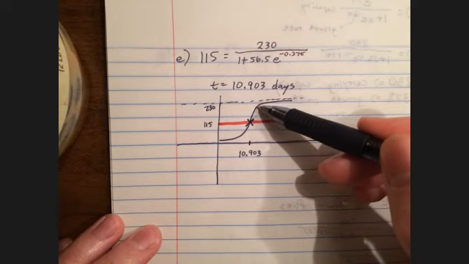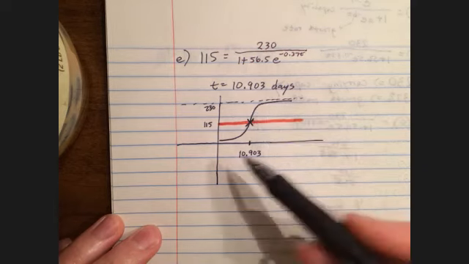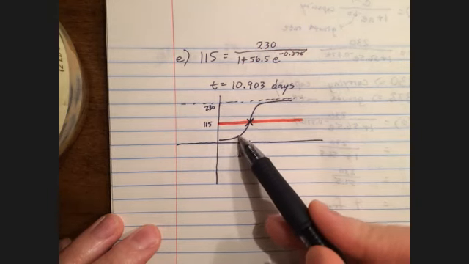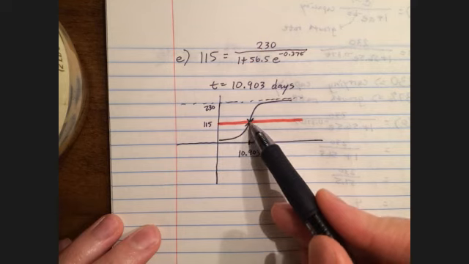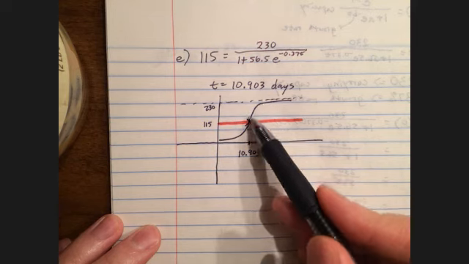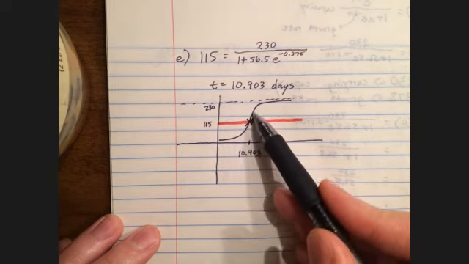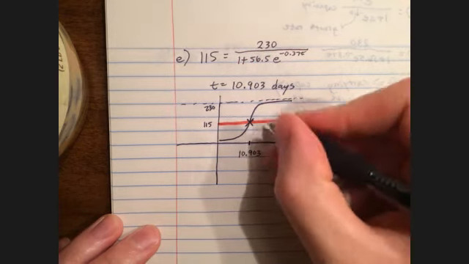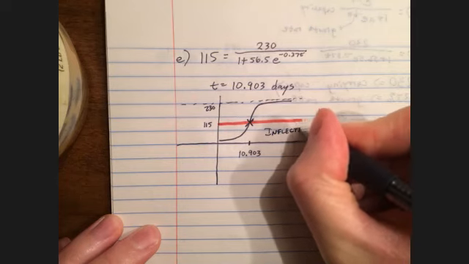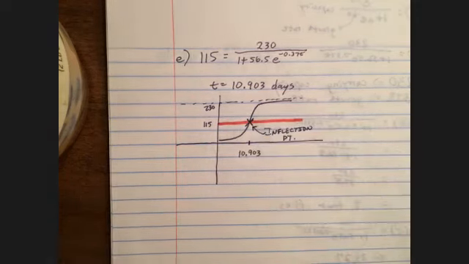In fact, it's always increasing, right? But it's increasing now at a decreasing rate. So below the red line it's increasing at an increasing rate. And then it hits this spot, and now it's increasing at a decreasing rate. It's not increasing as fast, and now it's beginning to slow down. This point right here is actually called an inflection point.